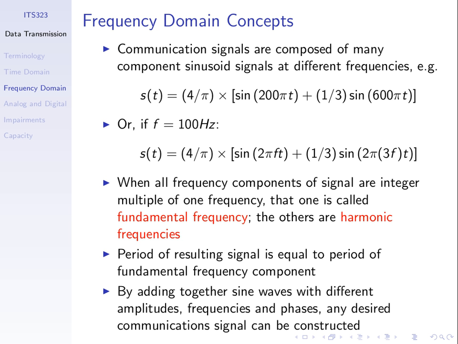So our signal S of t has two components, S1 and S2. S1 has a frequency of 100 hertz. So here's 100 hertz.